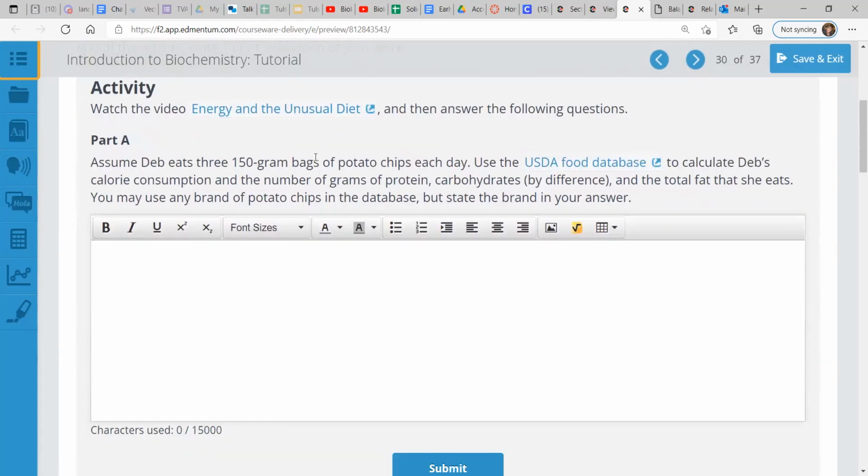Assume she eats 150 gram bags of potato chips each day. Use the USDA food database to calculate Deb's calorie consumption and the number of grams of protein, carbohydrates, and the total fat that she eats.